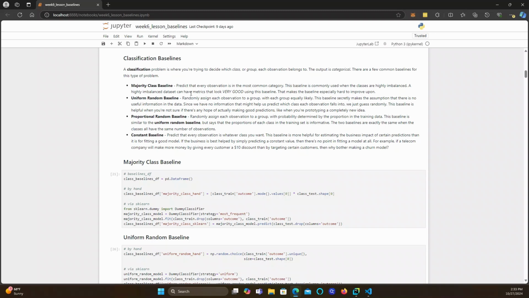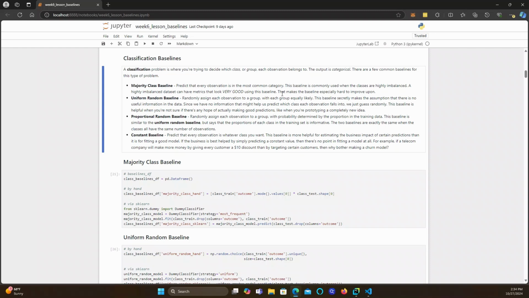A highly imbalanced data set can have metrics that look very good just by using the majority class baseline. So that's why we want to use this, is we want to know how good can we do without building a model at all.